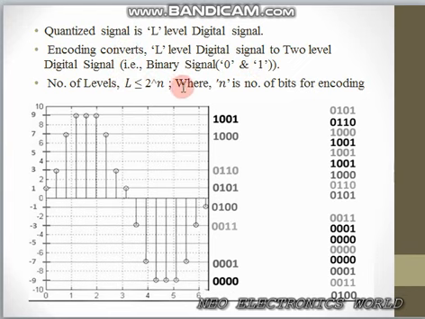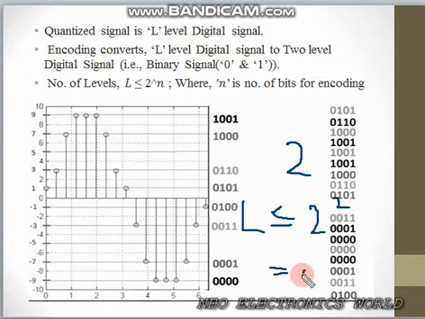Then the number of levels L will be less than or equal to 2 raised to n. What is n? n is the number of bits of encoding. If n equals 2, that is the number of bits is 2, what will be L? L will be less than or equal to 2 raised to 2, that is equal to 4. So 4 levels can be represented using 2 bits.